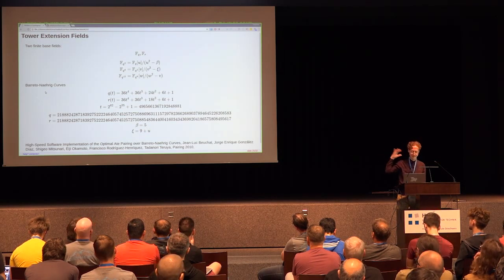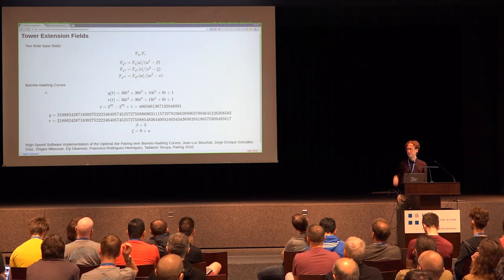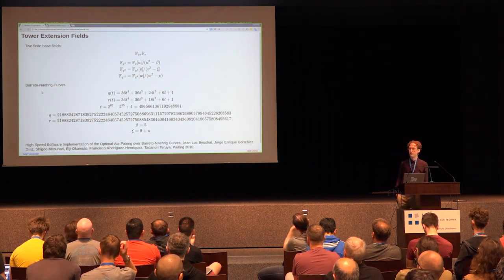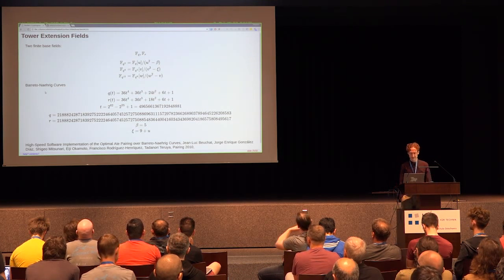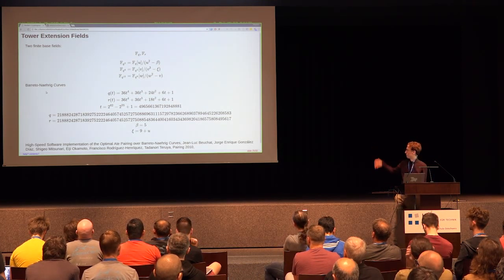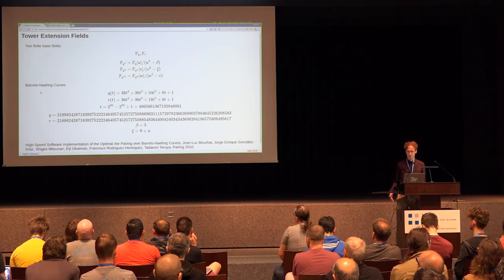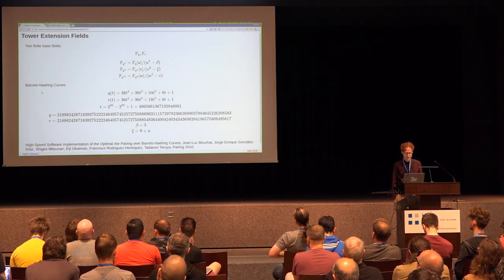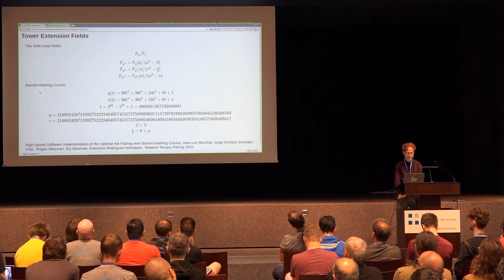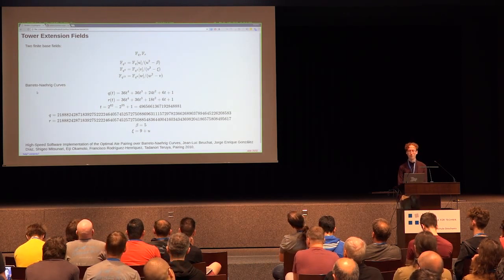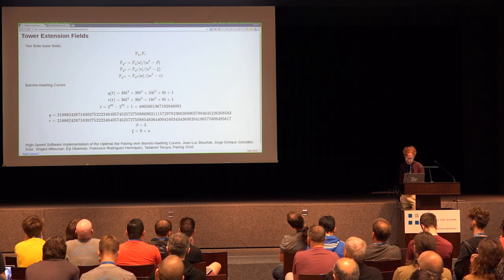And then we're going to extend that field by considering all linear combinations A plus UB, where U is an element that behaves like the imaginary number I, such that it squares to -1.